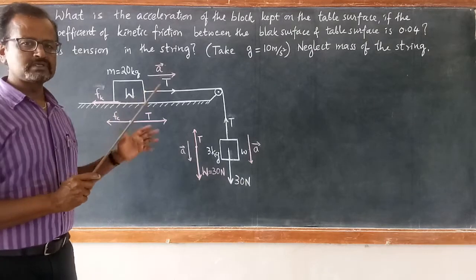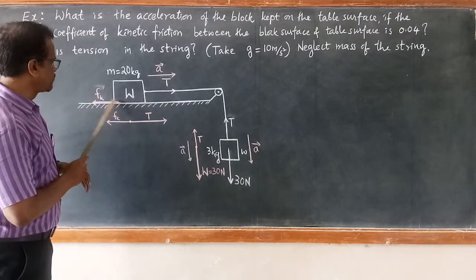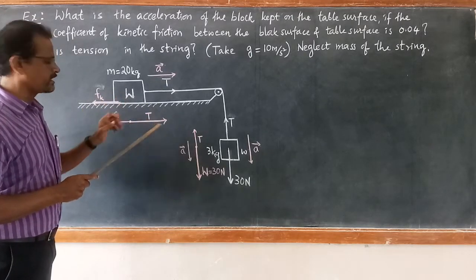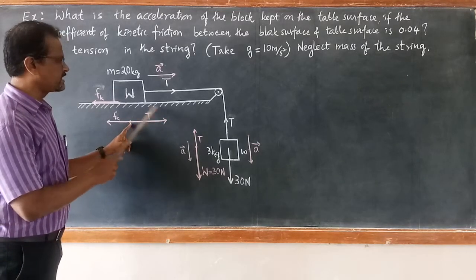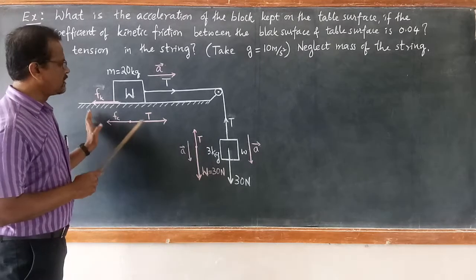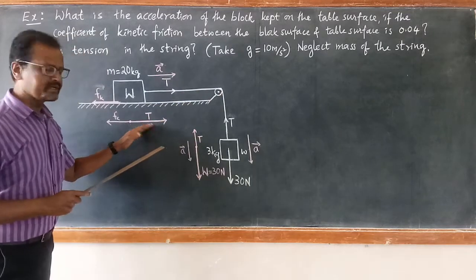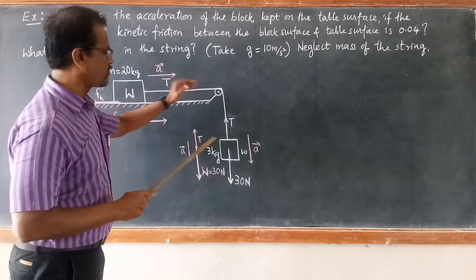Kinetic friction opposes the relative motion between the two surfaces, therefore it is acting in the opposite direction. If we consider this block as a point body, tension is acting in this direction and the force of friction is acting in the opposite direction. The net force is in the forward direction, so tension must be greater than kinetic friction. Then only the block moves in the forward direction.